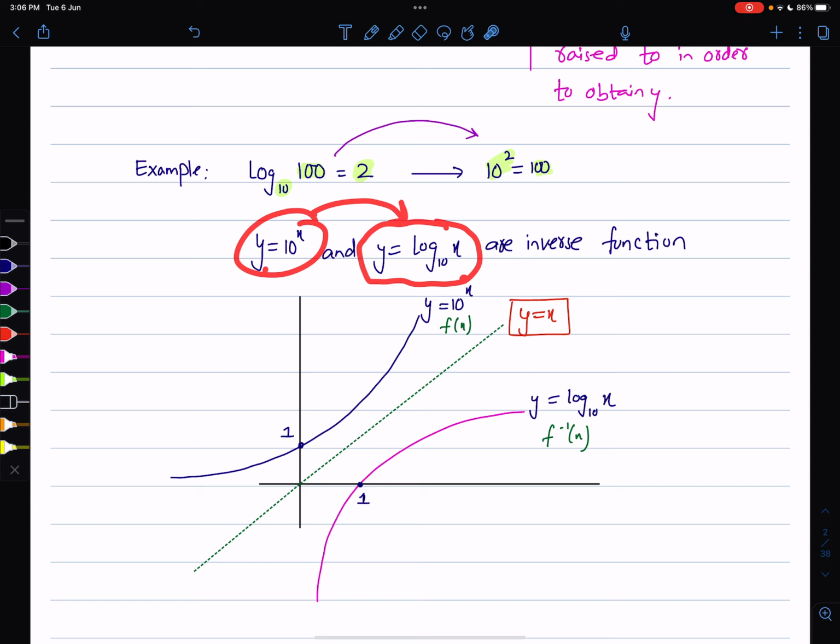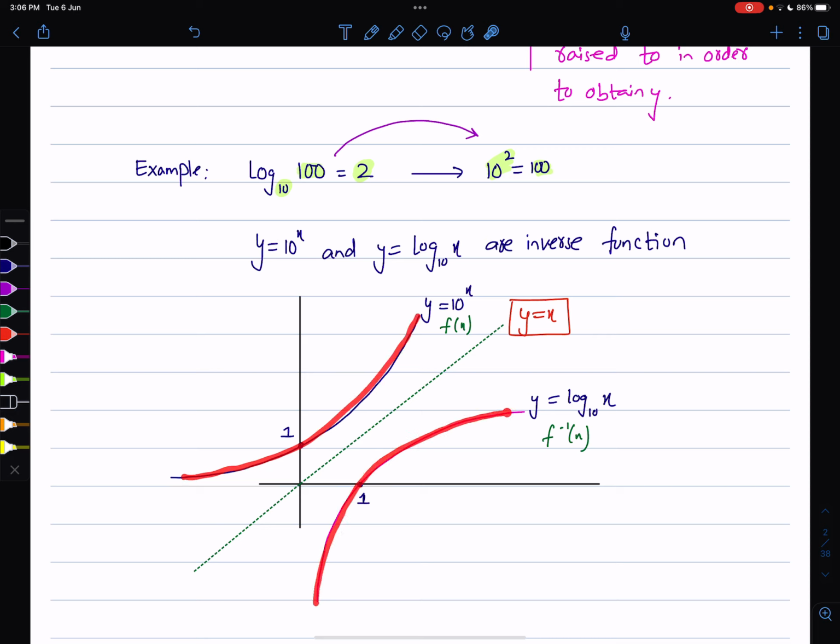So these two are basically inverse of each other. They are inverse functions, and we have studied this in the function chapter, that the function and the inverse function are basically reflections of each other in the line y equals x. So y equals 10 to the power of x and log to the base 10 of x are reflections of each other in the line y equals x. If this is our function, then the inverse function expression is going to be log 10 of x.